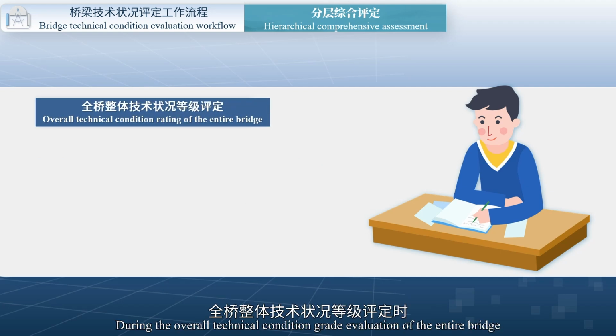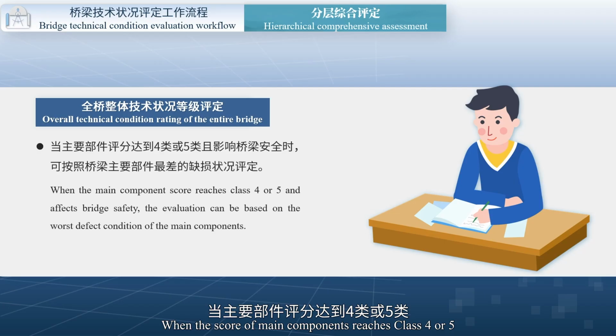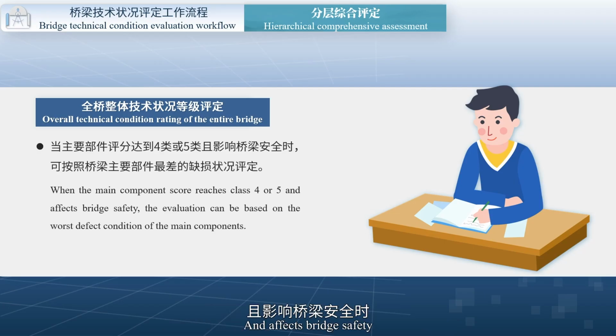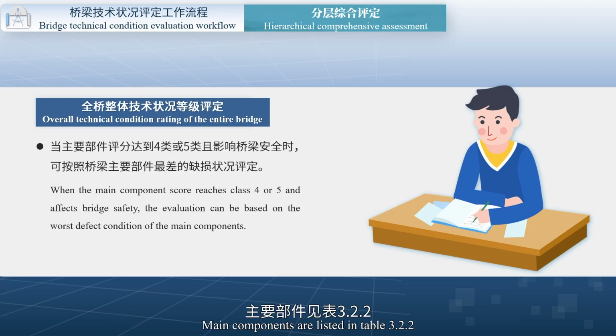During the overall technical condition grade evaluation of the entire bridge, when the score of main components reaches Class 4 or 5 and affects bridge safety, it can be evaluated based on the worst defect condition of bridge main components. Main components are listed in Table 3.2.